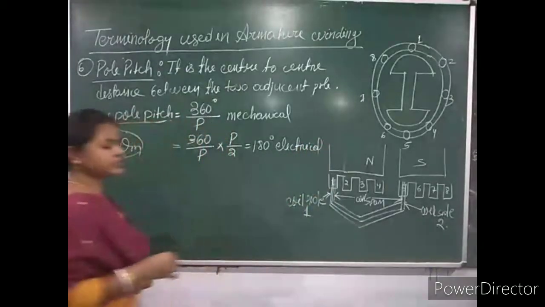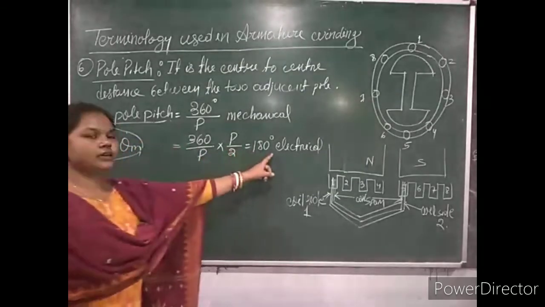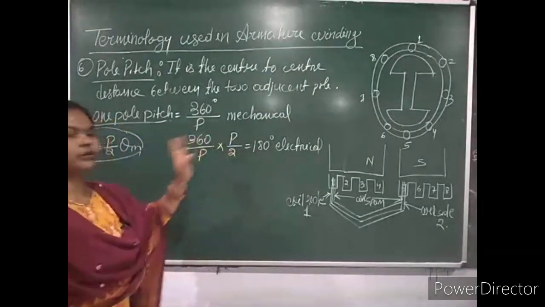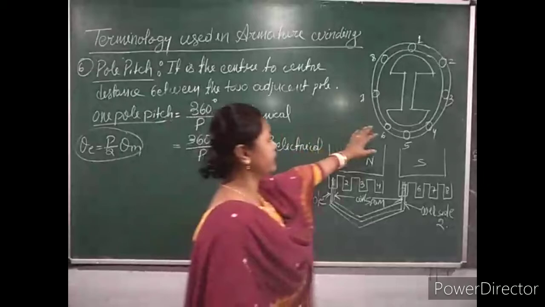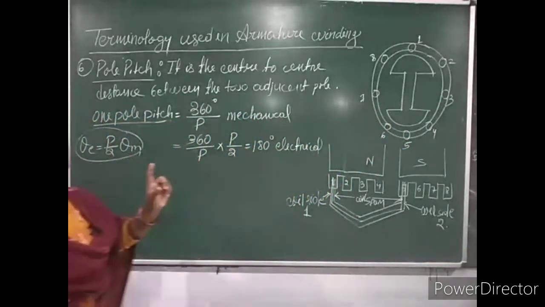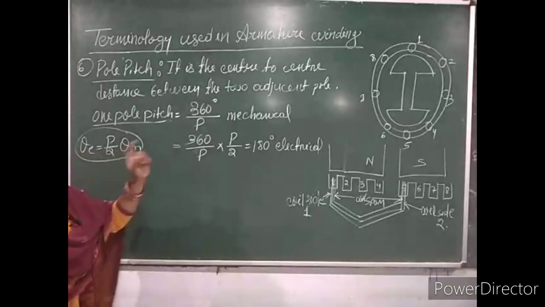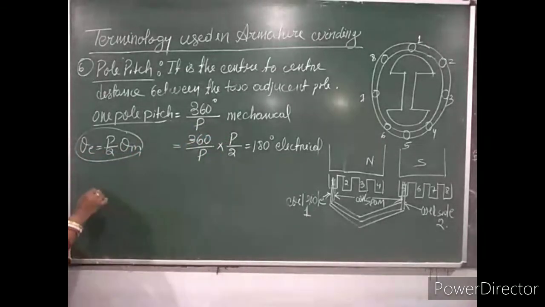So what conclusion do you get here? Pole pitch in electrical never depends upon the number of poles. It is always 180 degrees. Whatever example I have taken here is of a 2-pole synchronous machine. So what is the pole pitch for this example?